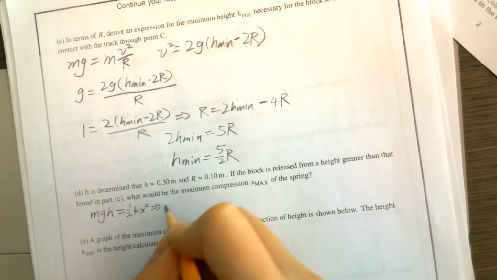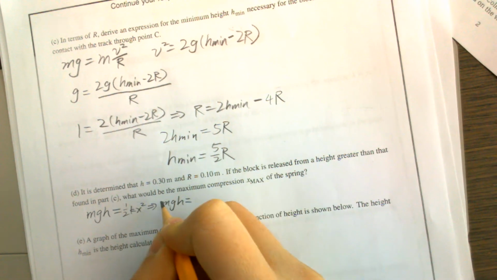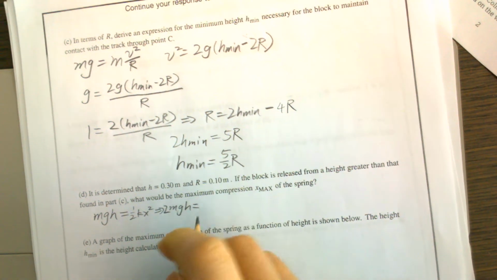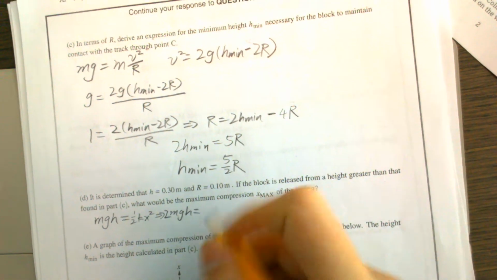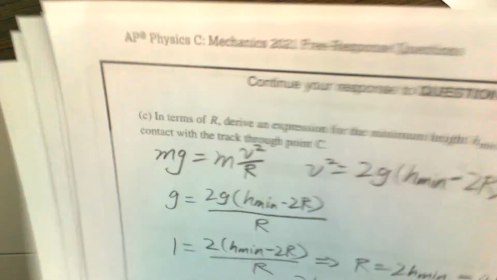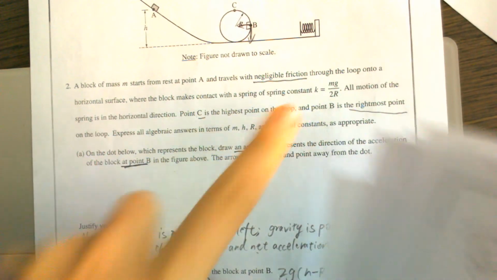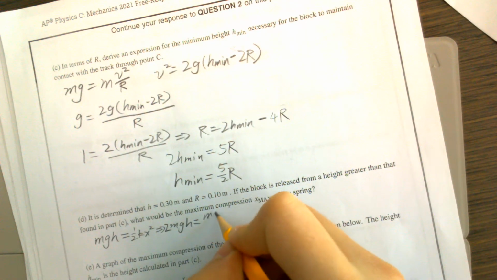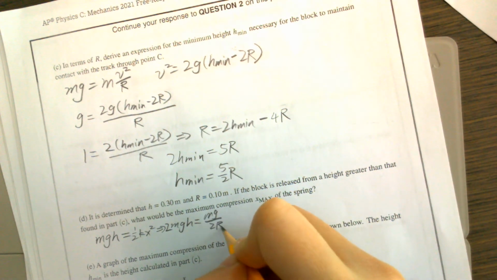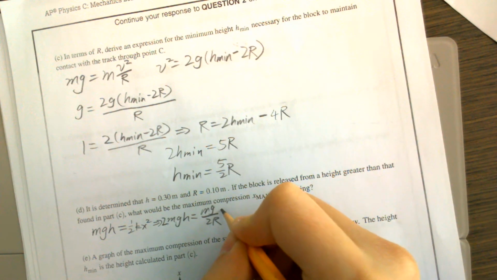What is the k again? K in this case is equal to, okay, let's see, k is mg over 2r, so just mg over 2r times x squared.